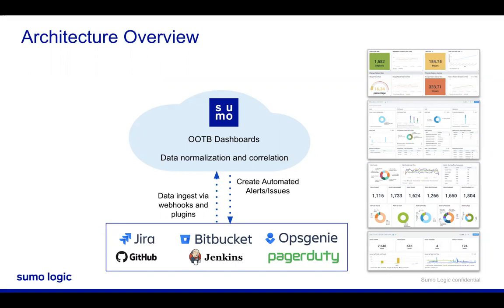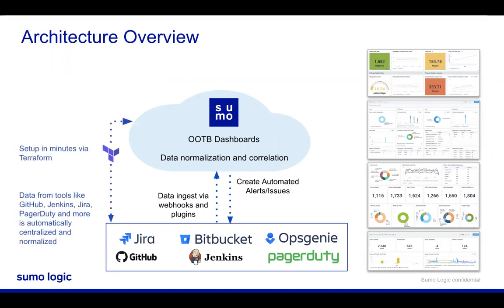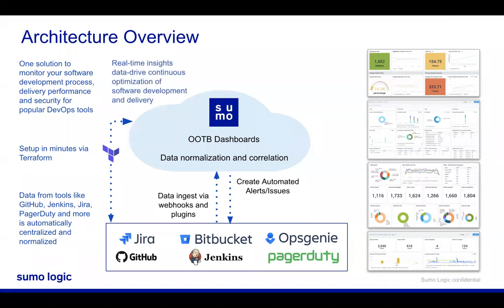We pull data in via webhooks, and then the data from these tools is automatically normalized. So we've kind of done that work for you. And then the setup is from Terraform, which takes just a few minutes. And then once the data is normalized in Sumo Logic, we can provide the real-time insights into the software development and delivery in order to optimize your processes.